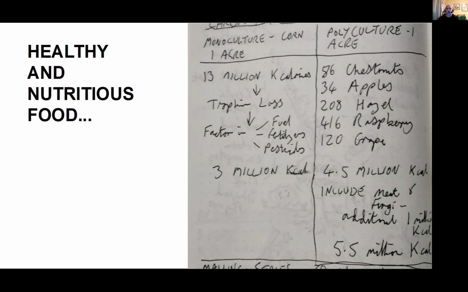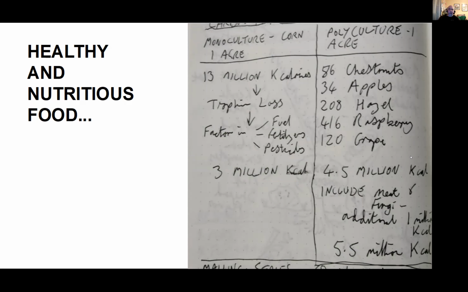This figure excludes, because he keeps pigs and turkeys on his agroforestry system, the meat and the fungi, which would be an additional million kilocalories. But I still think 4.5 is a pretty impressive figure.